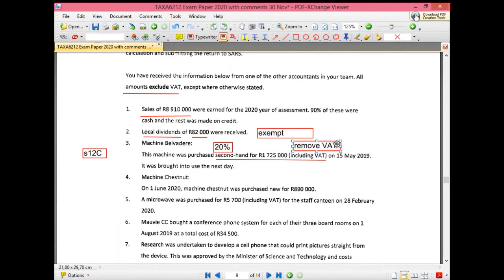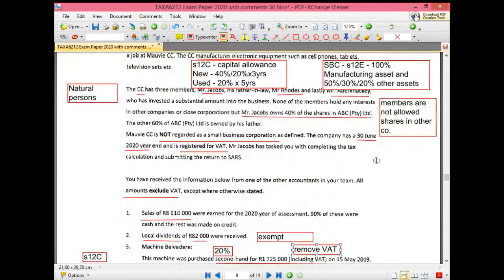Okay, so you'll see it was purchased in 2019, May 2019. Because our year end is 30 June 2020, our tax period would be 1 July 2019 to 30 June 2020.